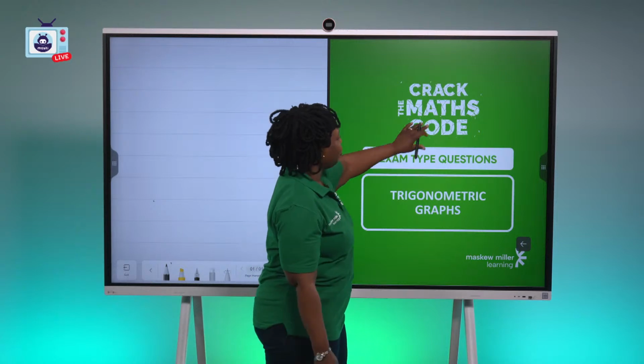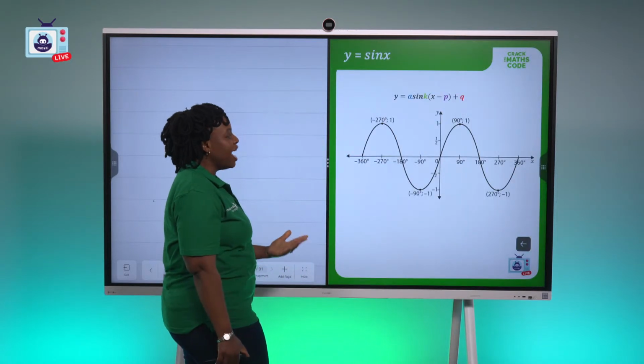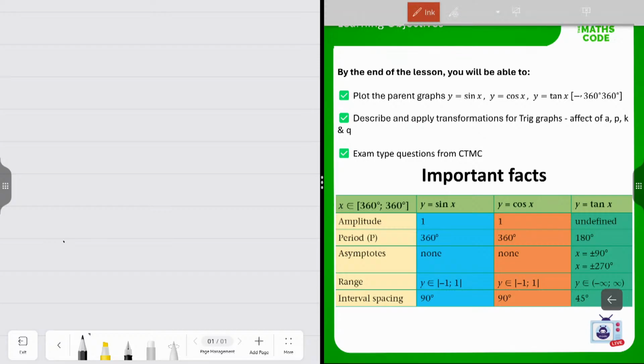Trigonometry, as I have indicated, is one of the things that we need to know and understand, but today particularly we are going to focus on its graphs and take the questions that are inside the Maths Code to make sure that we can understand. But remember, the main purpose of these graphs is for you to understand the effect of the parameters that go into the graph.